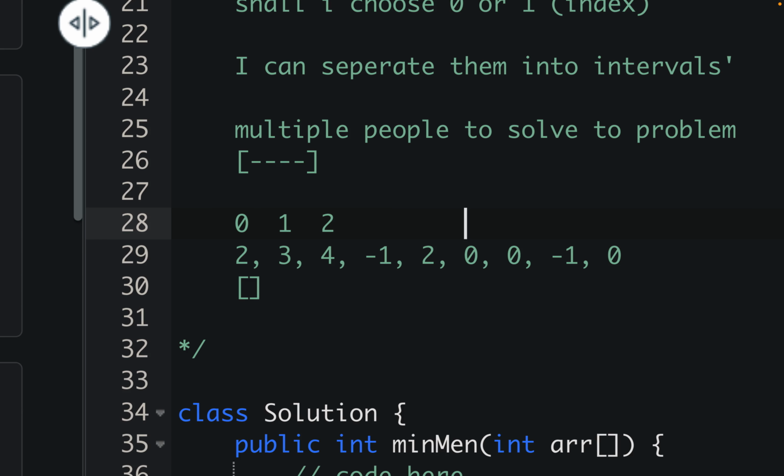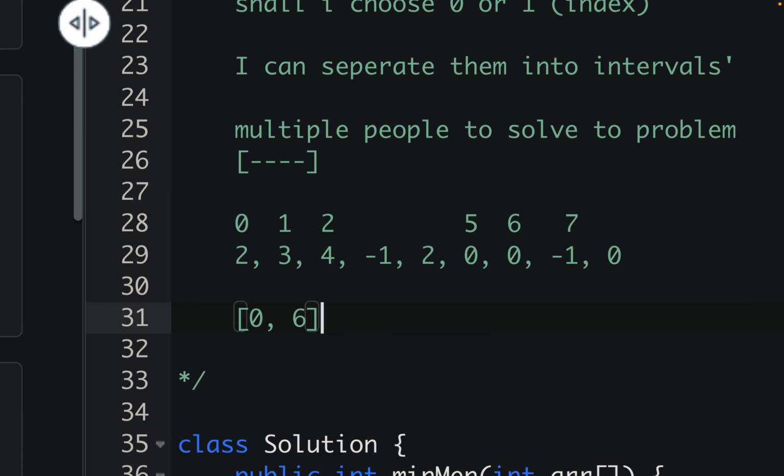So I'll quickly write it down. 5, this is 6, 7. Yeah, so the first range would be 0 to 6. Why? Because 6 is the position where we can go farthest, and within 6 there are multiple candidates.